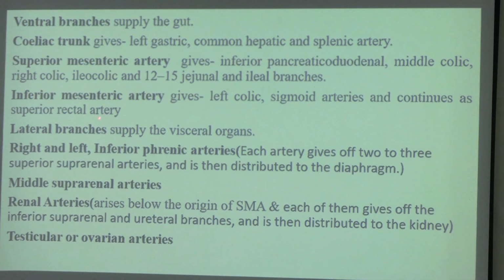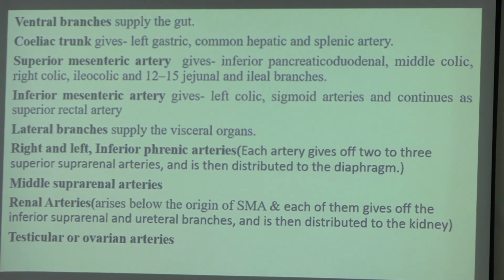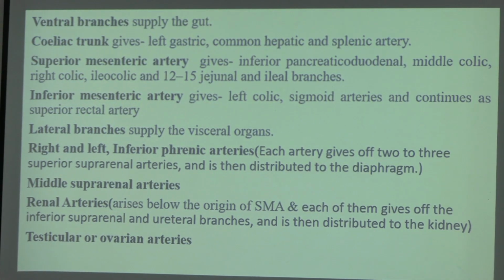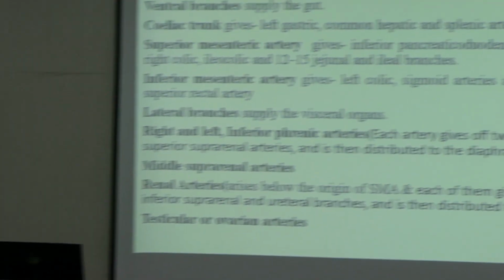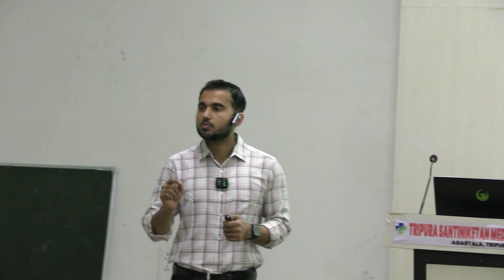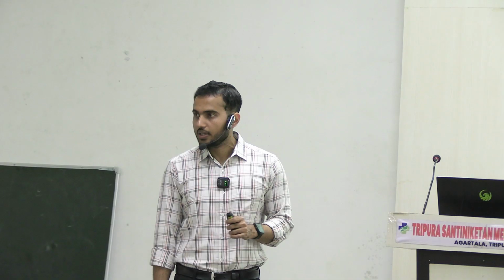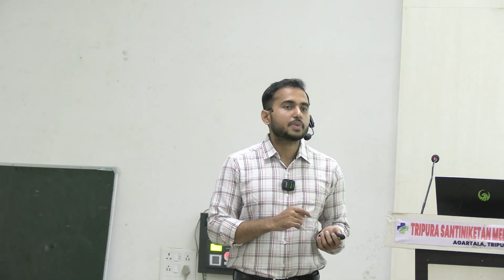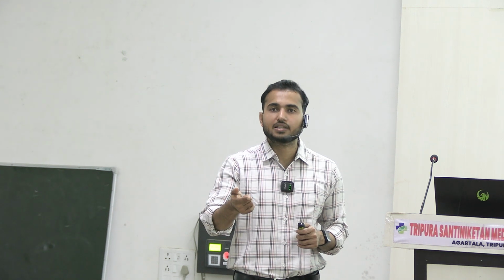What do you think will be the function of the right and left inferior phrenic arteries? Please note that whenever the word phrenic comes, it is related to the diaphragm. In the nerve supply of the respiratory diaphragm, we have seen that the phrenic nerve supplies the diaphragm.